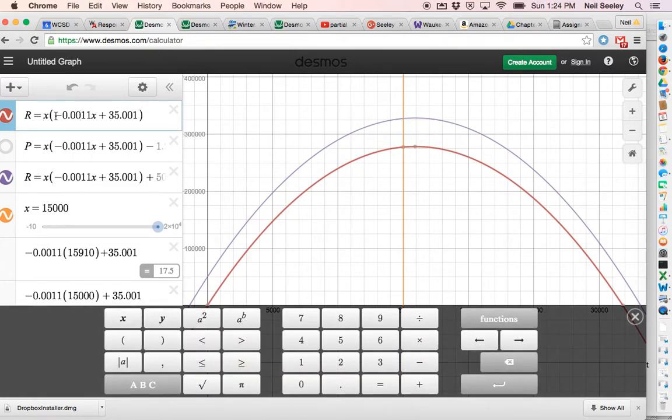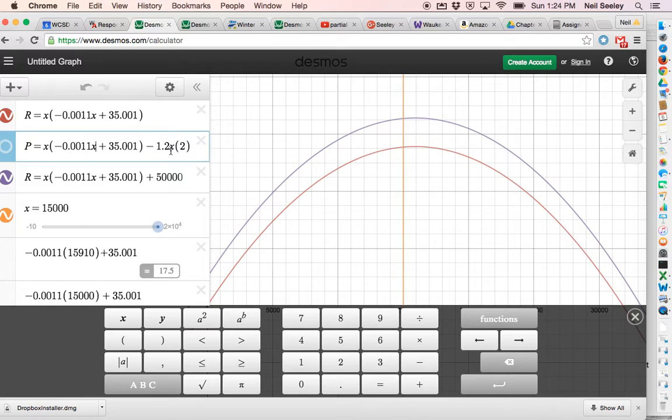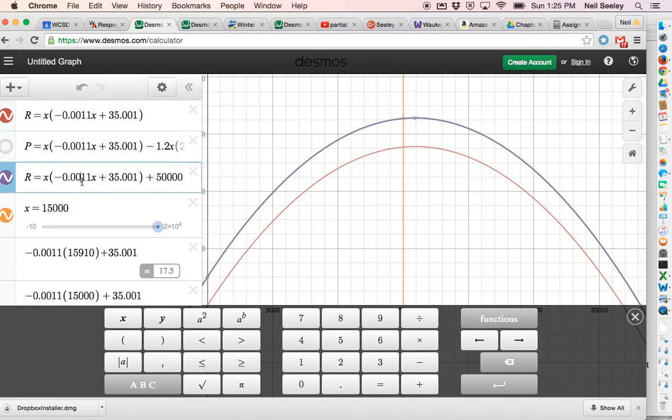I took x times my demand curve, and you can see a peak in there. So if I'm going to maximize it, I can find that. The second one's a profit curve that I've put together, which is just minus the cost, which is a fixed deal for all of us. And the third curve is if I want to add a $50,000 bonus for selling 15,000 shirts, that's that purple curve on top. And everything else I think falls into place.